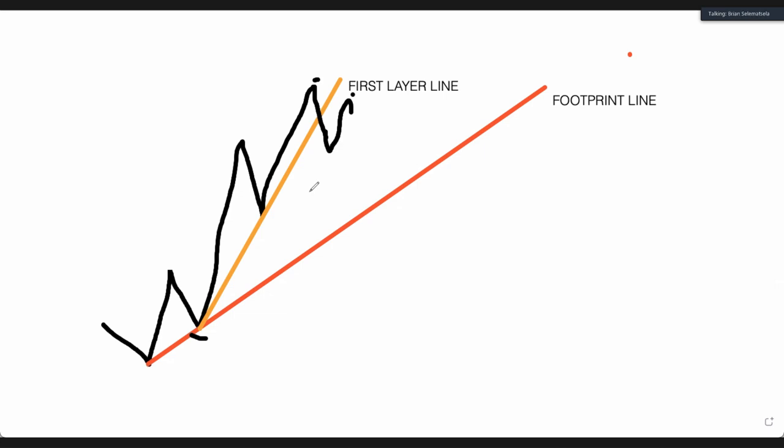But you must be very careful. Let's say, for example, I'm entering a sell trade on 1 hour. 1 hour has its own divergences, 30 minutes has its own divergences, 5 minutes also has its own divergences.